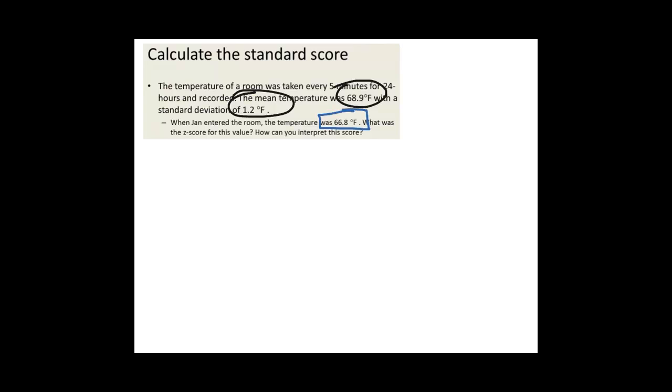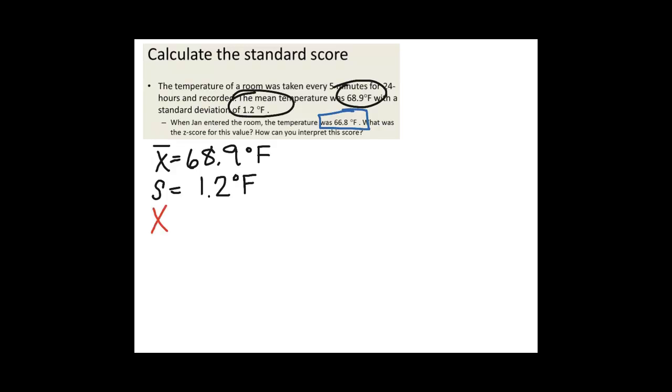What was the z-score for this value, and how can you interpret this score? Just like in the last problem, let's start by gathering our information. I know the mean temperature, x bar, was 68.9 degrees Fahrenheit. And the standard deviation, calculated from all of those temperatures we recorded, was 1.2 degrees Fahrenheit.